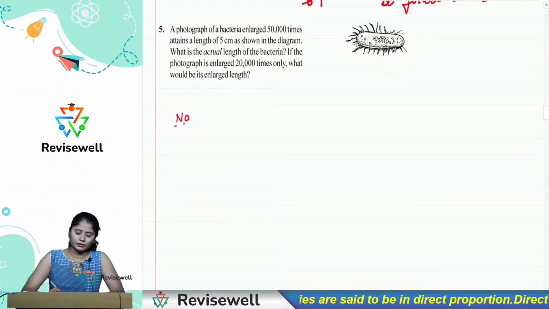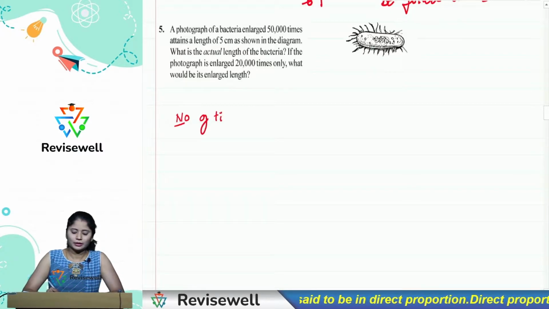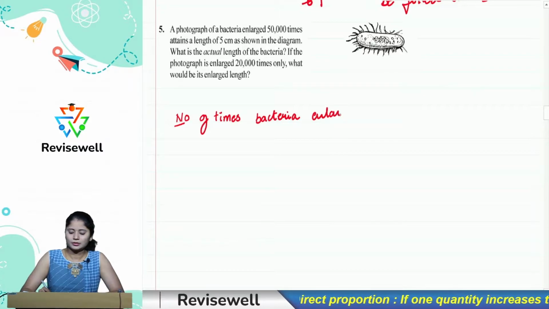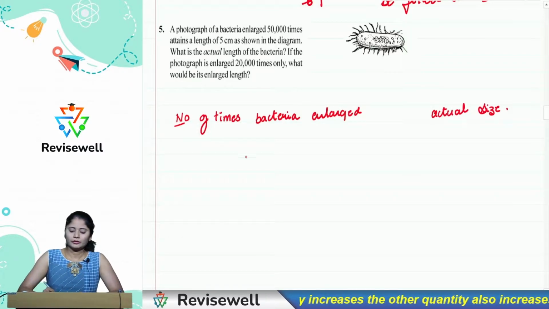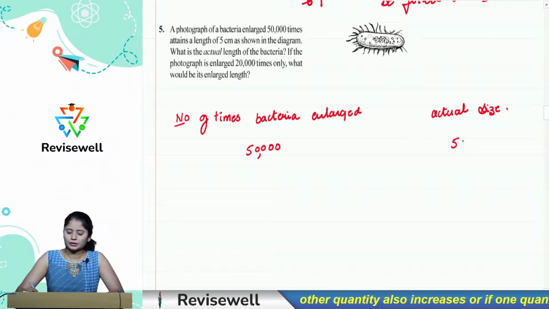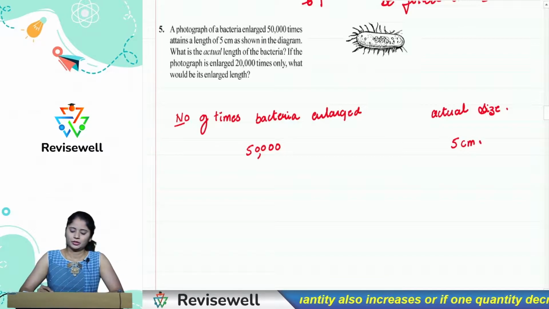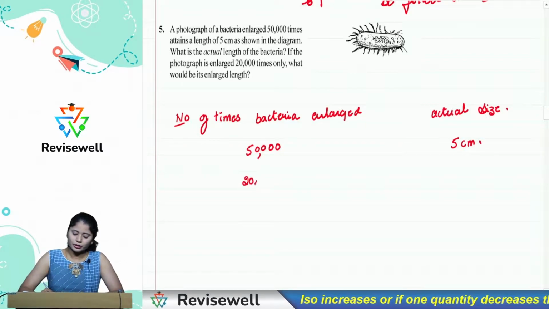One is the number of times the bacteria is being enlarged, and the other is the actual size of the photograph of the bacteria. If it is enlarged 50,000 times, the size of the bacteria will be 5 centimeter. So since it is enlarged 20,000 times, what is the size of the bacteria?